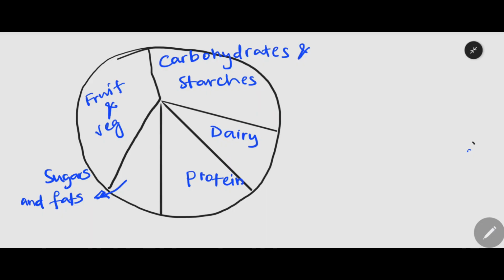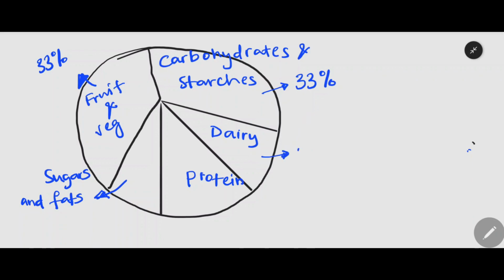So for this course, you don't need to know the percentages for each of these sections of a balanced diet, but if you do want to know, then fruit and veg should make up around 33%. Carbohydrates and starch should make up around 33%.